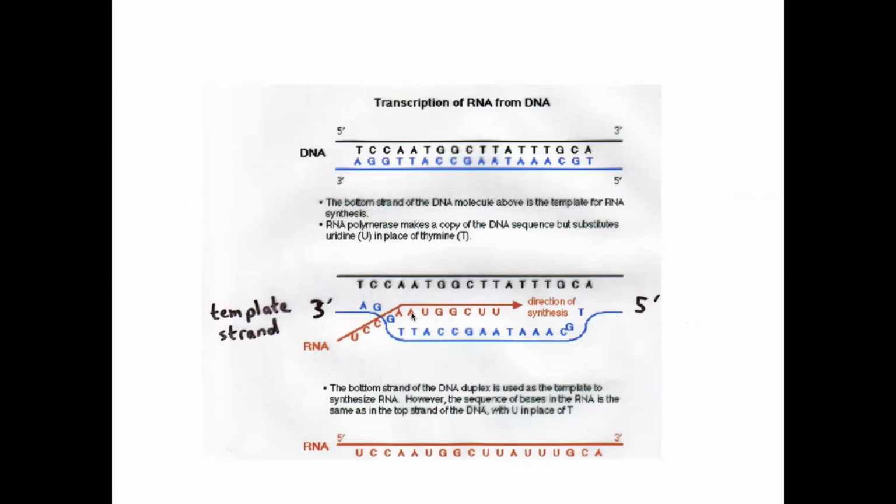So what it's going to do is recognize the template strand that is oriented 3' to 5' relative to the catalytic center of the enzyme itself. In this case, if the RNA polymerase is binding to the left here, it's the lower template strand that is oriented 3' to 5' relative to that catalytic center. So that's the template strand that is chosen as the template for transcription by the RNA polymerase.